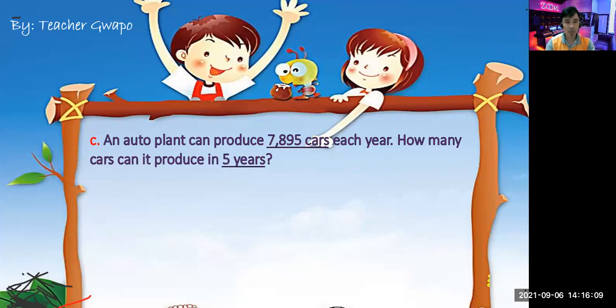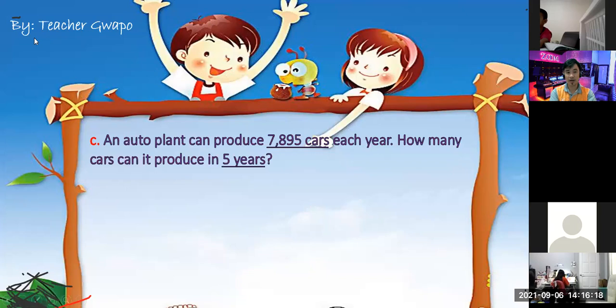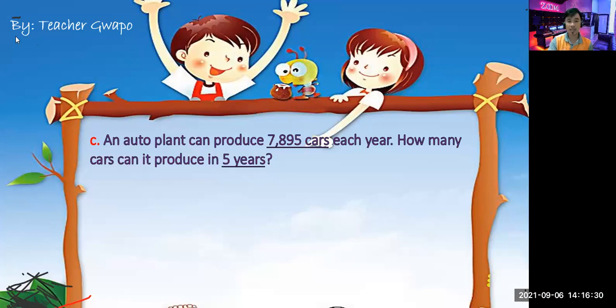Now, this auto plant can produce 7,895 cars each year. Wow, so many. Now, the question here is, how many cars can it produce in 5 years?